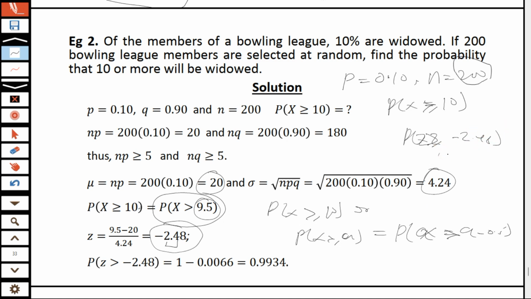You have to change it to 1 minus the probability that our z is less than or equal to negative 2.48, right? So once you check the probabilities from the normal table, we are getting 0.0066. Just subtract it from 1 and we are going to get 0.9934.